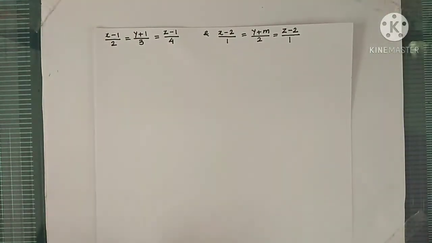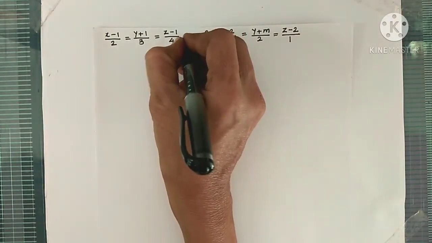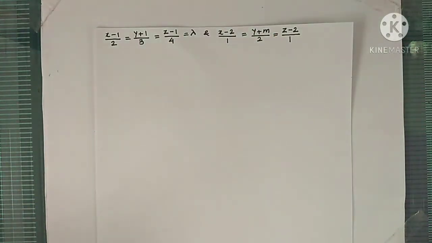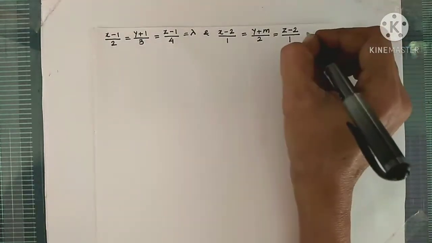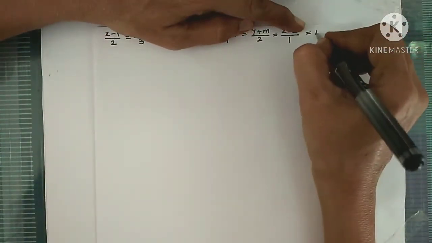So for that I have written those two equations here. Equation of first line, if it is equal to lambda, then let's write coordinates of any point on the straight line x, y, z, and the second equation is also given. So let's equate it with mu.